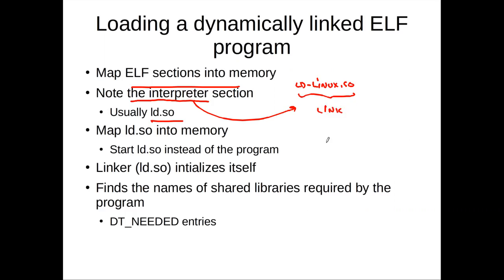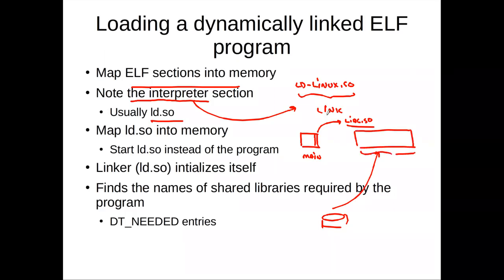Because, okay, a linker, what it will do, it will take this main, it will figure out that it needs the libc.so library. It will go to the file system, read this libc.so library into memory, right? It will patch the GOT of the main, making sure that it points here. It will relocate libc.so as well, so it will patch the GOT of libc.so as well to point to the data section correctly.